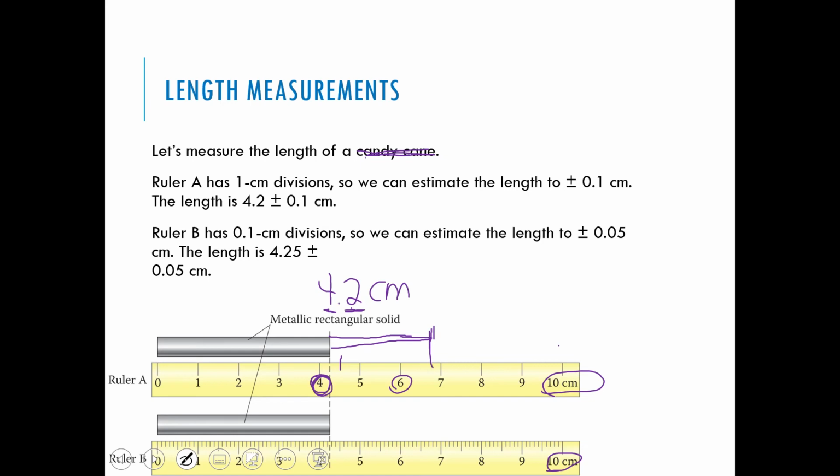But every measurement on this ruler would be measured to a tenth. I could say that I am accurate plus or minus 0.1 centimeters.